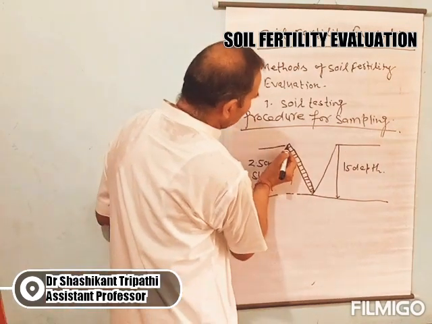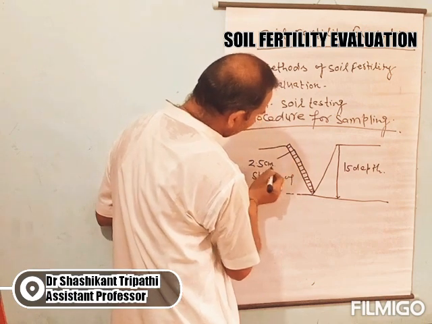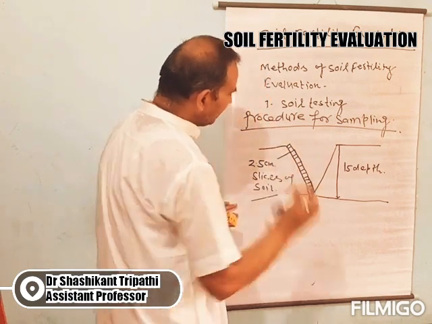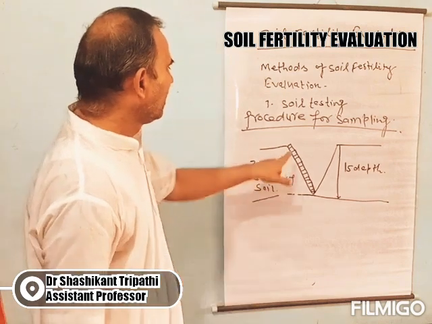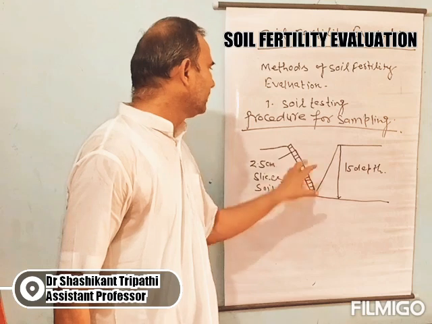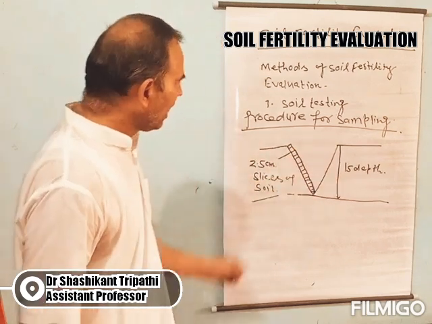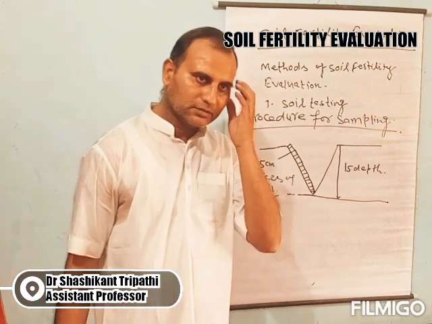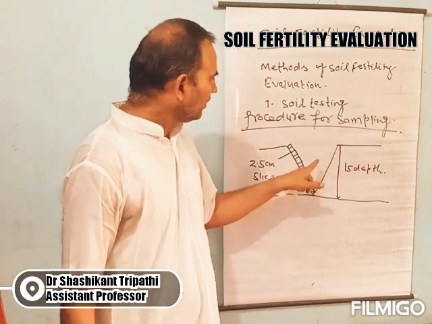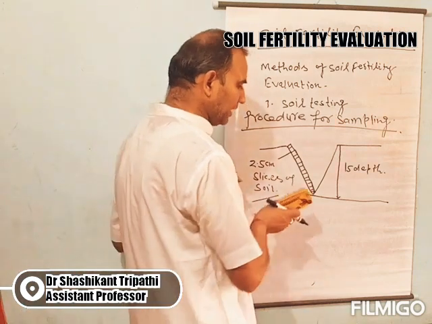You cut the slice of 2.5 centimeter from the exposed face of the V shaped cut and collect the soil samples into the clean bucket or container.